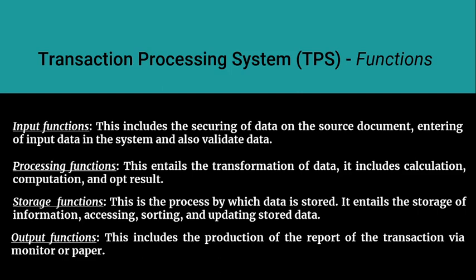So these are the four functions which correspond to the components of the transaction processing system. Input component for input function, processing component for processing function, storage component for storage function, output component for output function, right?